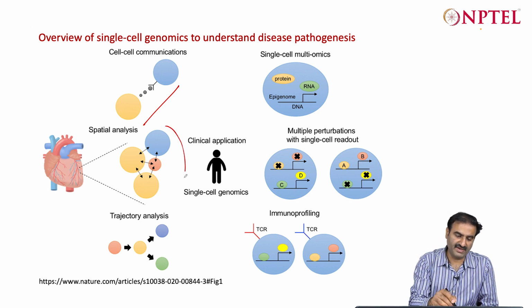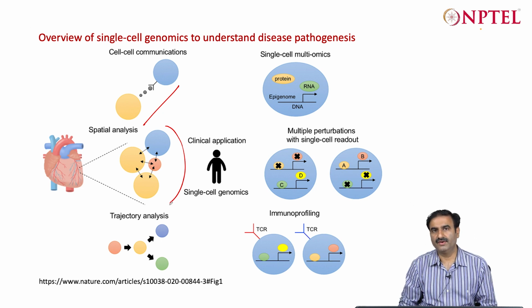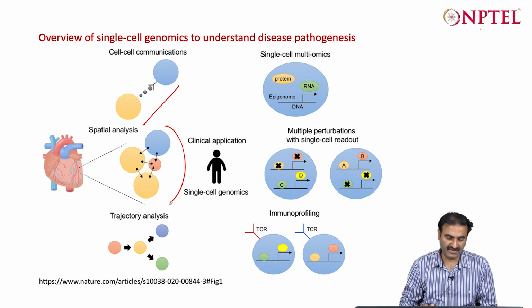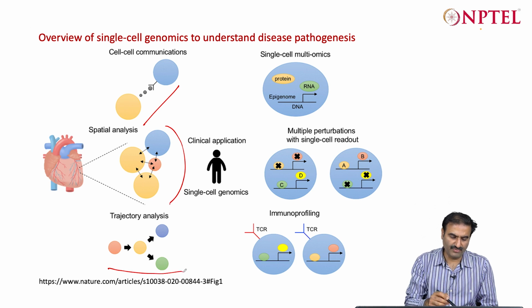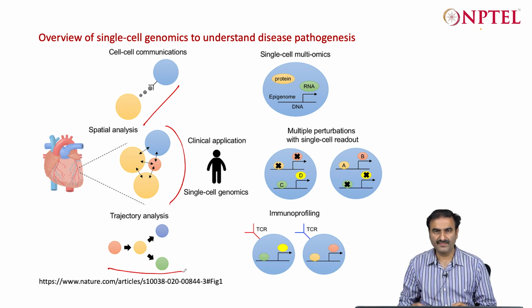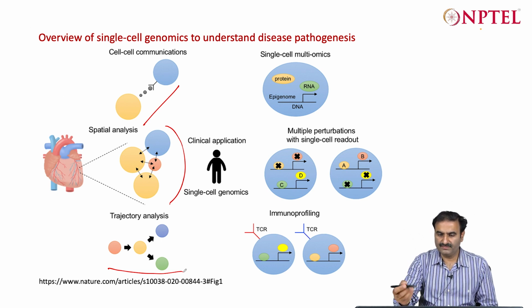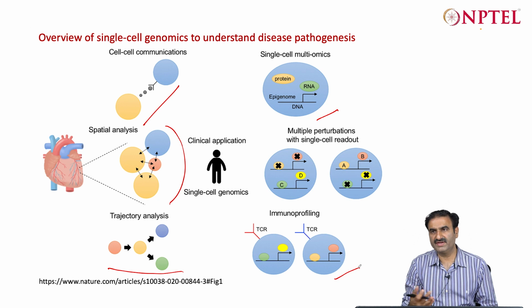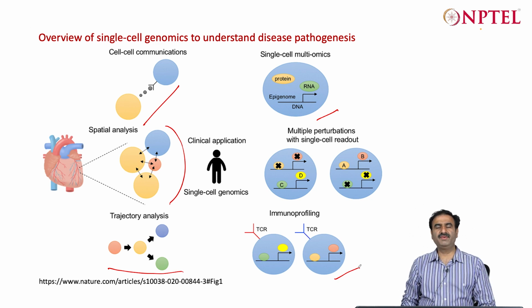So that is a spatial analysis, how they are interacting with the other cells, and this can also be used to understand how the cells are dividing and how the epigenetic modifications may change. Single cell genomics also has an application in understanding specific cell gene expression, metabolomics of that cell, or even the immunoprofiling of that cell. So this we have dealt with in the previous lecture.